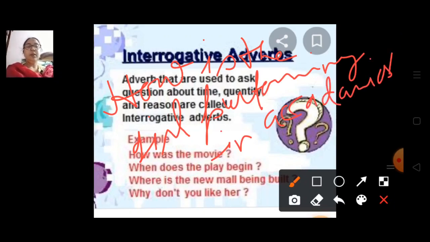It means over here that it's asking about the manner of performance of that particular girl. So, how she performed in academics. So, how is showing the adverb of manner, or the manner of an action.